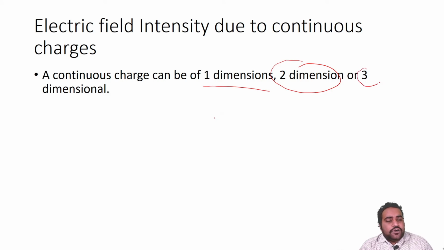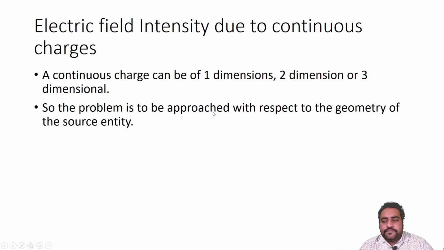The three-dimensional case is discussed much later while we discuss Gauss law. What these are, you don't worry as of now, but let us move further. Now, the problem statement itself varies with the geometry of the source.